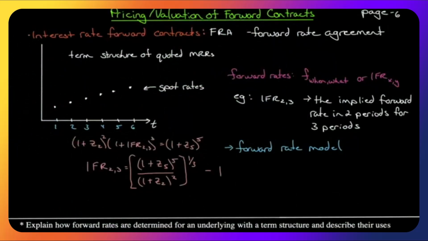Let's look at interest rate forward contracts. And the one we look at in this reading, since it's a forward contract, we're looking at the forward rate agreement. So we can observe in the market at any point in time the term structure of quoted rates. And here we're looking at market reference rates. If we're looking at a forward rate agreement, the rate that we agree on is a market reference rate.